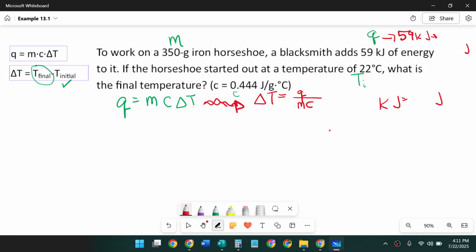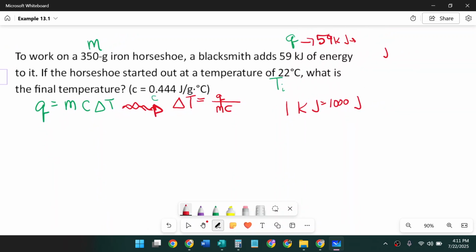Kilo means 1,000 of something, so 1 kilojoule is 1,000 joules. You can either just take the 59 and move the number, or you can use that relationship and put kilojoules on the bottom and joules on the top.